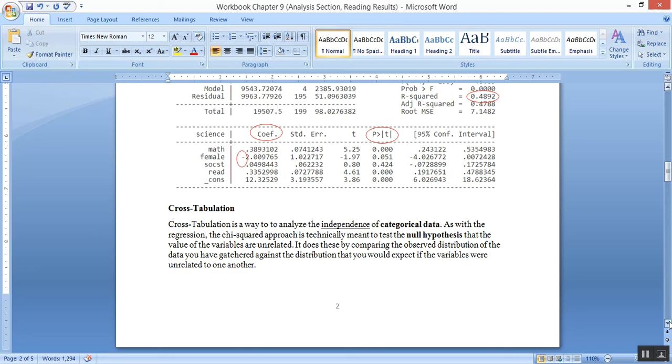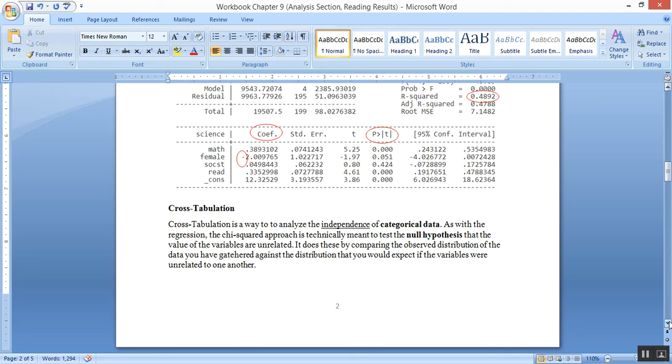As with a regression, the chi-squared approach is meant to test the null hypothesis that the variables are unrelated. It does this by comparing the observed distribution of the data you have gathered against the distribution that you would expect to see if the variables were unrelated to one another.